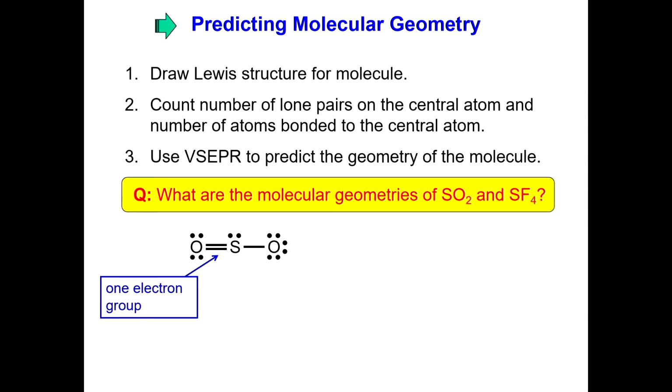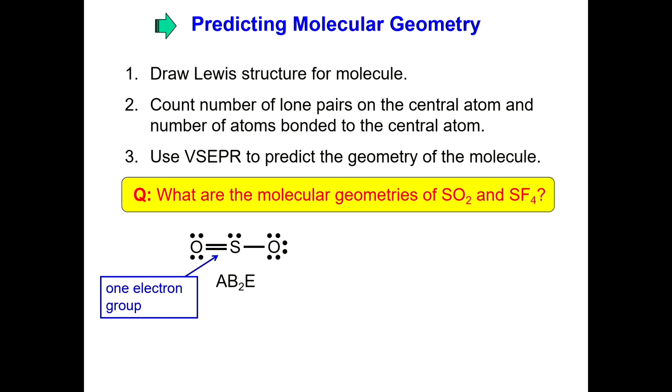The first step is the Lewis structure, and then we can count the number of lone pairs on the central atom and the number of atoms bonded to the central atom. Then we figure out its class, like this one is AB2E.